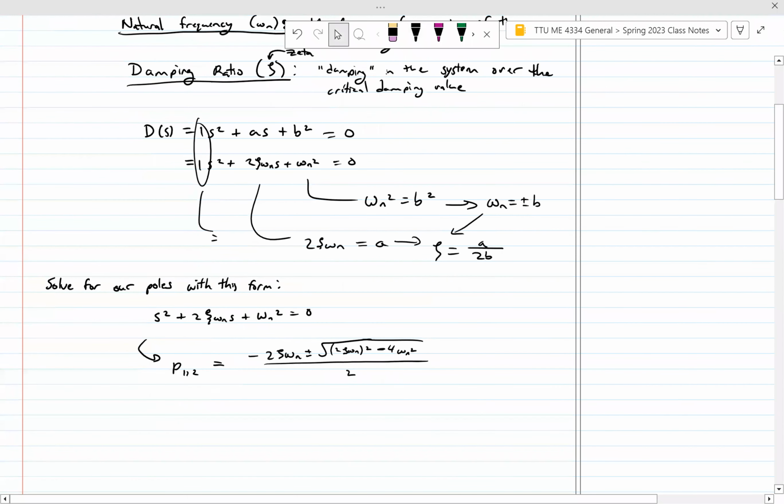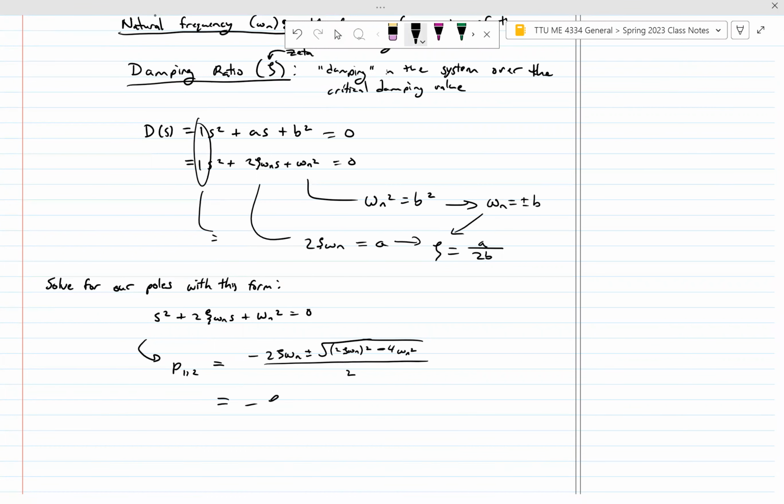But what you could end up getting, I would say there's like, maybe let's go with these two, because I think they're pretty common. We'd end up with negative zeta omega n plus or minus the square root of omega n squared times zeta squared minus 1, or the same thing, plus or minus, if the stuff inside here is a negative number, we can take out our imaginary value j, and have it look like that, right?